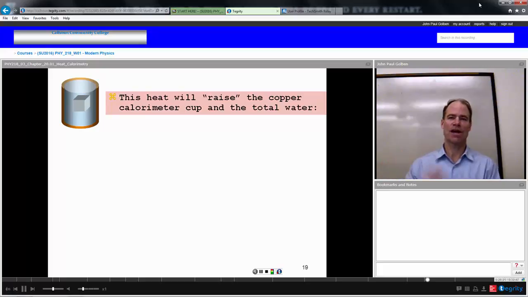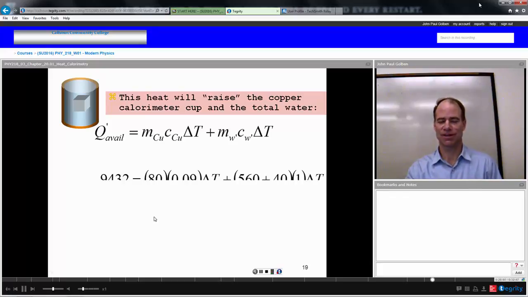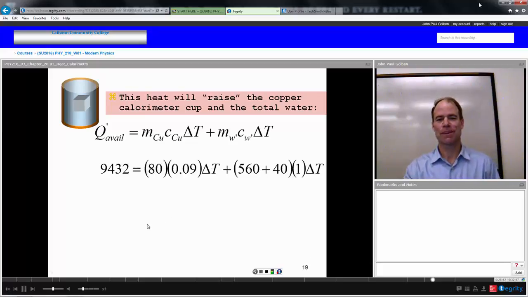So now we have the copper calorimeter, the water that cooled down to 0 degrees, and the water that heated up to 0 degrees, went through a phase change. Everything is at 0 degrees Celsius now, and we have left over this 9,432 calories.